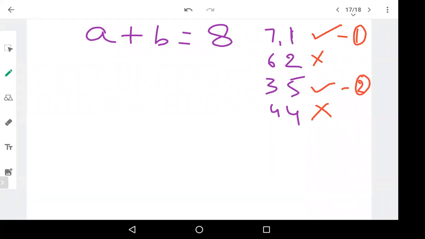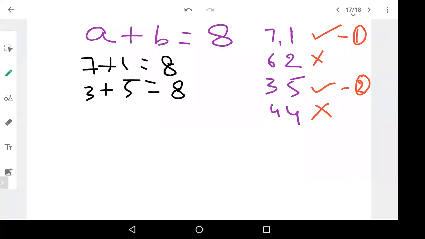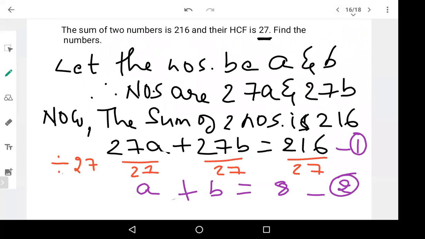Now what am I supposed to do next is check which numbers will suit us better. Now I have got 7 plus 1, 8. That is okay. And then 3 plus 5 is equal to 8. This is also okay. So both options work. Now, go back to your first formula, that is 27a plus 27b is equal to 216.